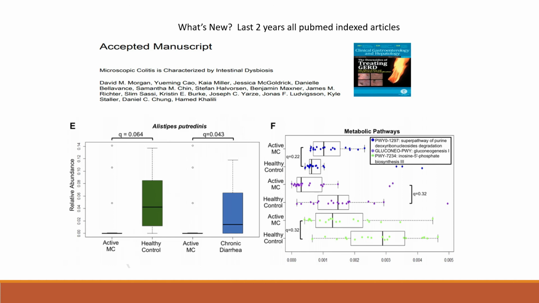This one describes intestinal dysbiosis, and they found that Haemophilus influenzae, Veillonella parvula, and Veillonella species were significantly more abundant in microscopic colitis. I did not mention that graph over there.